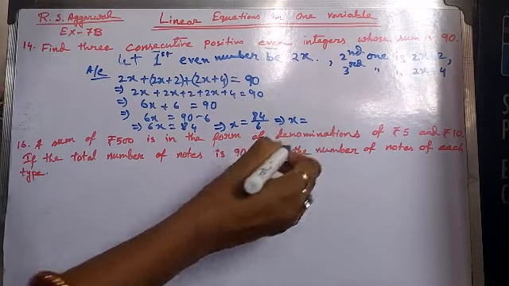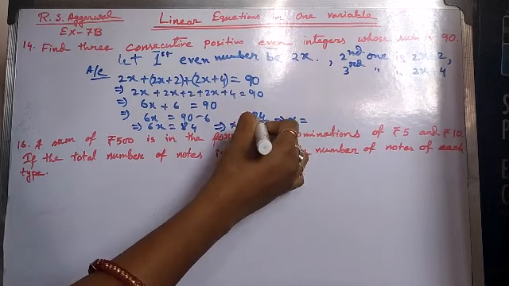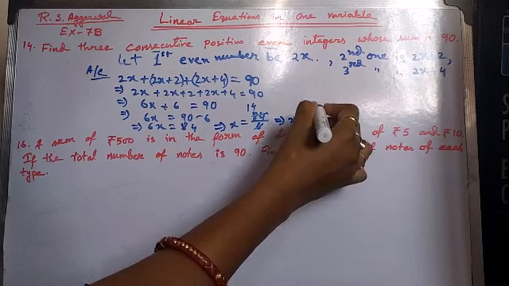So x equals, we can cancel by 6: 6 ones are 6, 6 fours are 24. That means x equals 14.